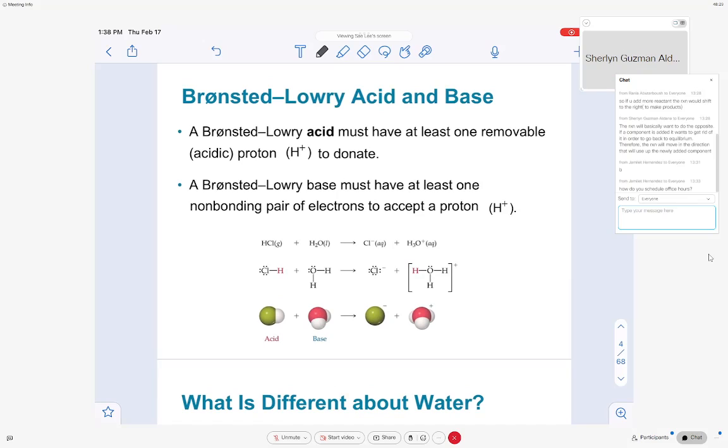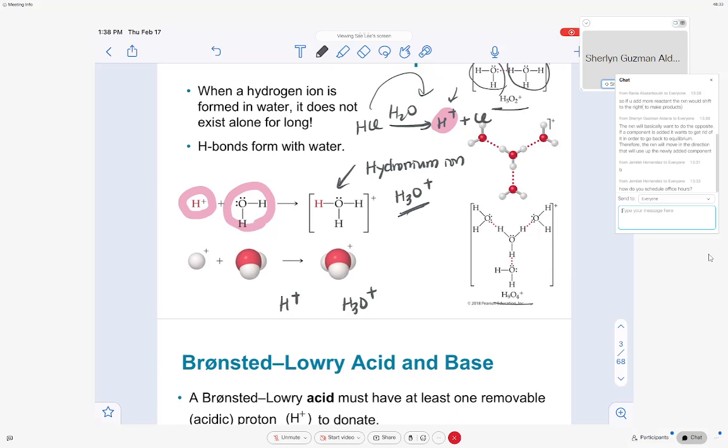Sorry, so these two mean the same thing, right? What two things? The H plus and the H3O plus. They are technically different things, but what I'm saying is that chemists use these notations, hydrogen ion and hydronium ion, interchangeably. Does that make sense? They are technically two different types of substances.